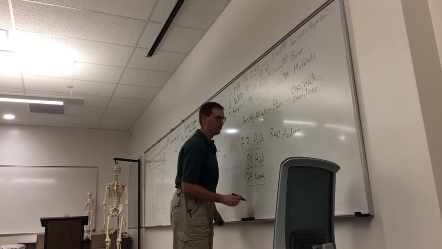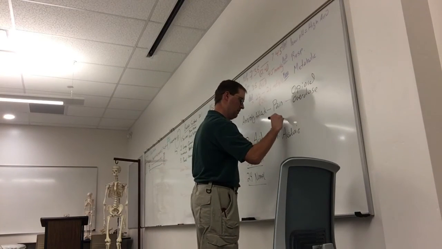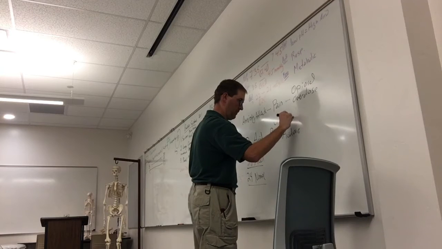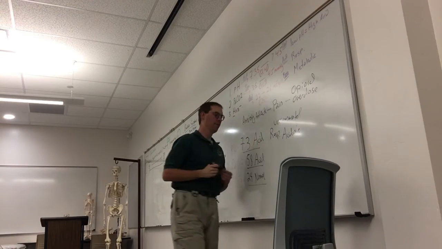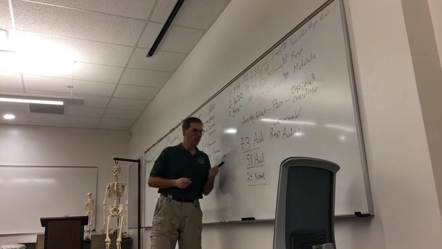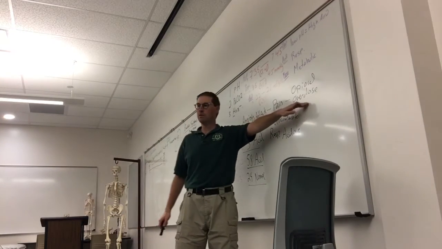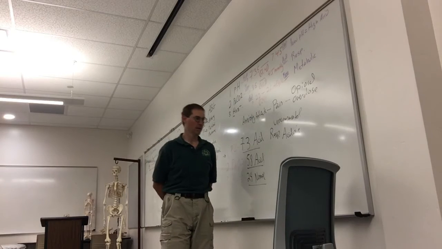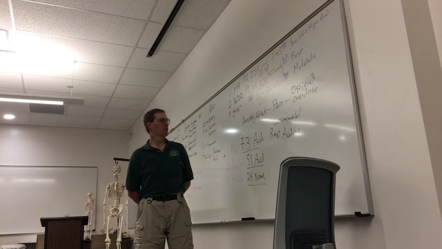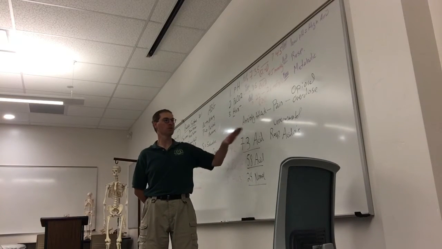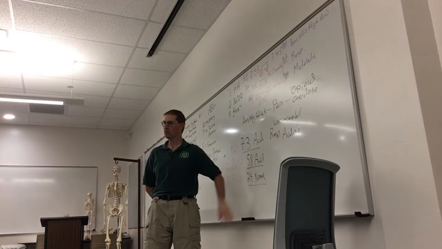So there is no compensation. So, uncompensated respiratory acidosis. Okay, so these are the three problems that this patient could be experiencing. Which problem do you suppose would be most likely given the patient's ABG?